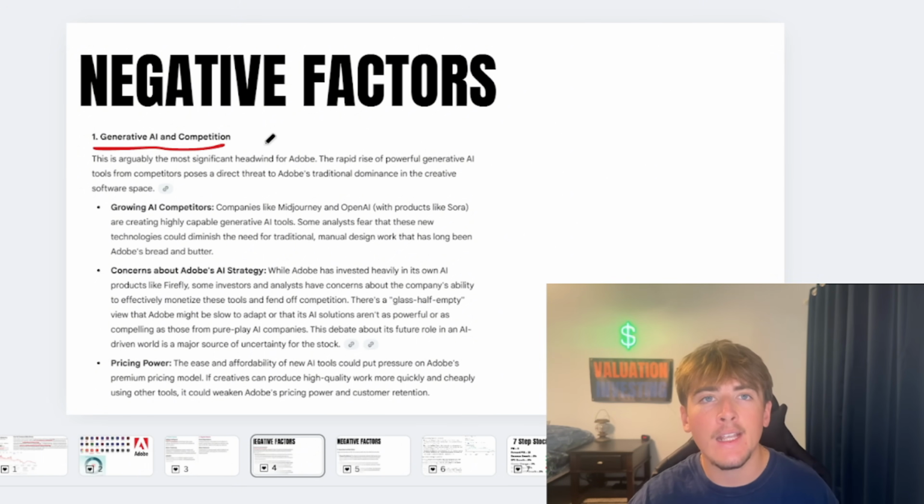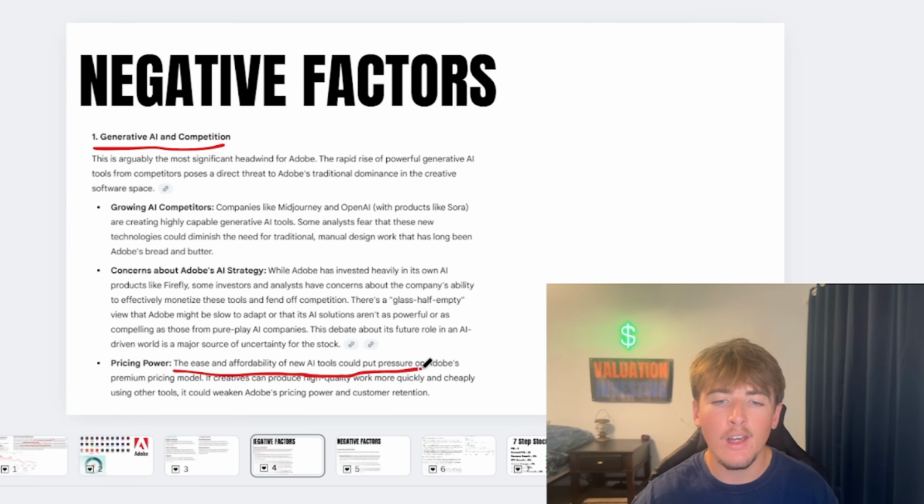They say it could potentially hurt them because with products such as Photoshop and Premiere Pro, if you can just ask AI, then there's no real need for those products. So this could harm Adobe's subscriptions, and people might cancel their subscriptions because they won't really need Photoshop anymore. Also, the pricing power of this company isn't as good.